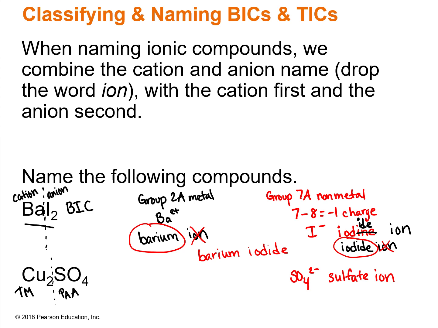In an ionic compound, the overall charge of the compound is 0. So that means that the copper ions have to have a charge that's equal but opposite of what the sulfate is.